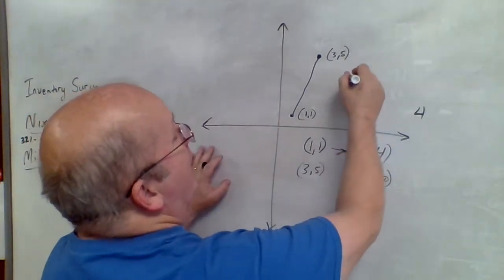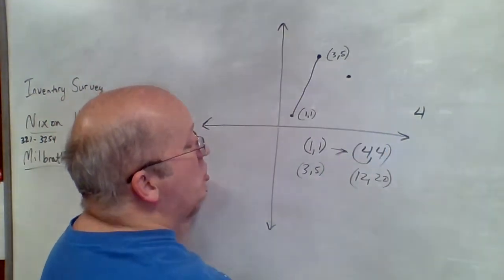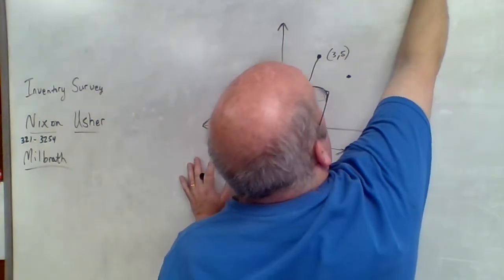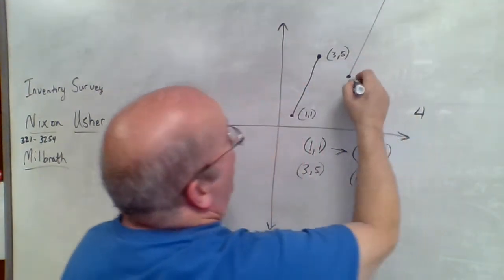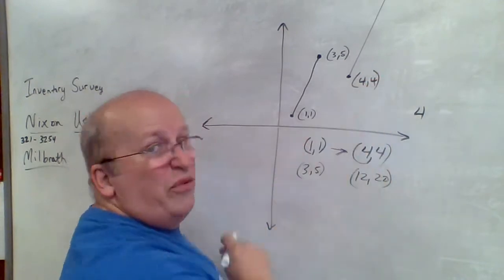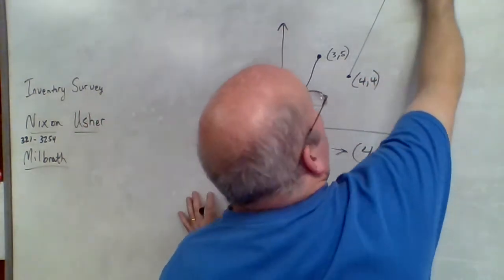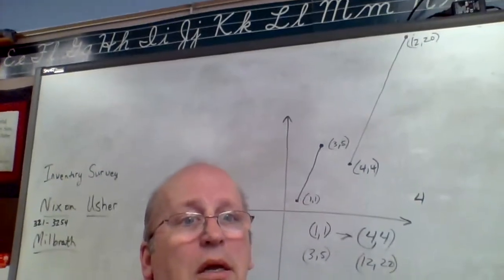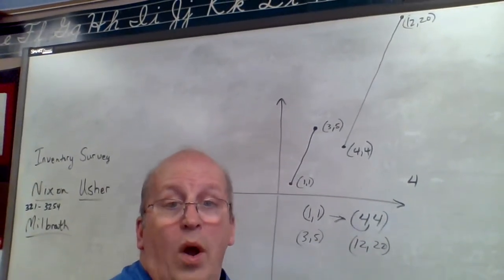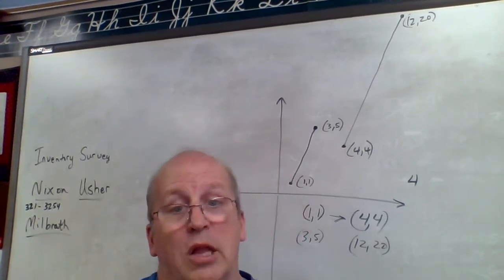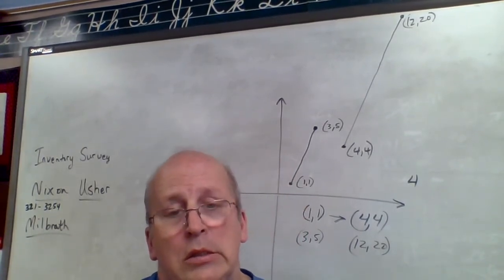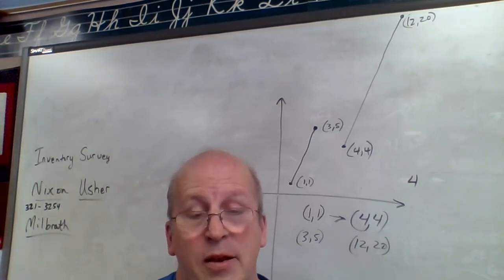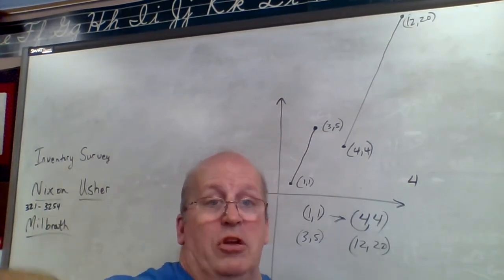So our new line segment has dots at 4, 4 and 12, 20, which is completely off the screen. So when the dilation is a whole number like 4, just multiply every value of the ordered pairs by that number and replot the location.